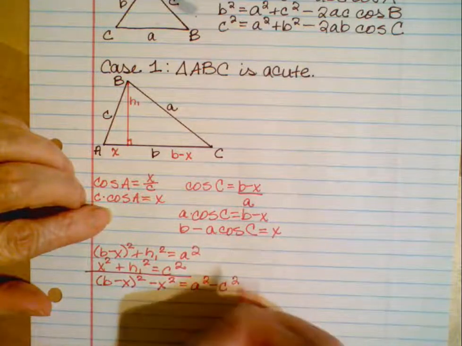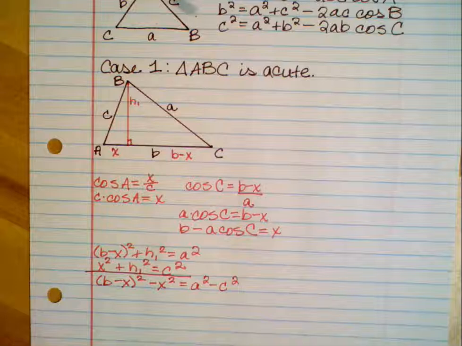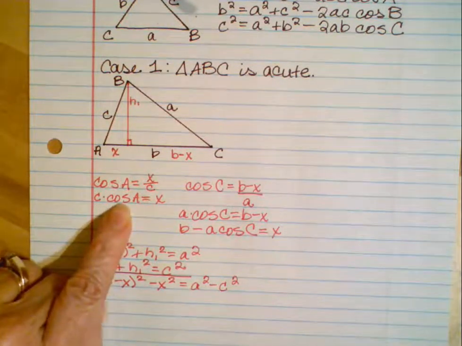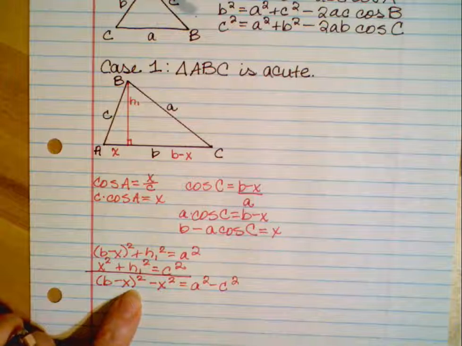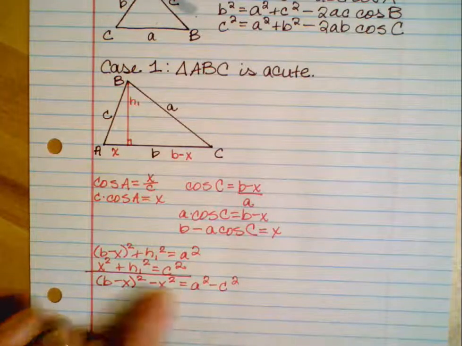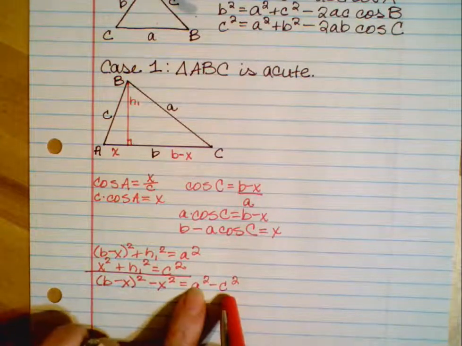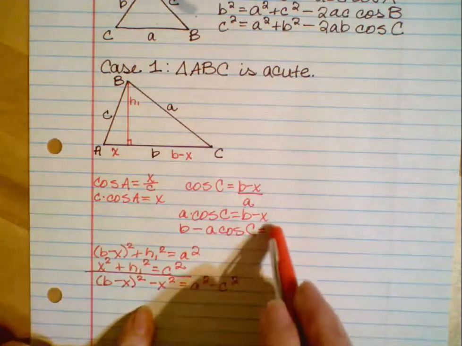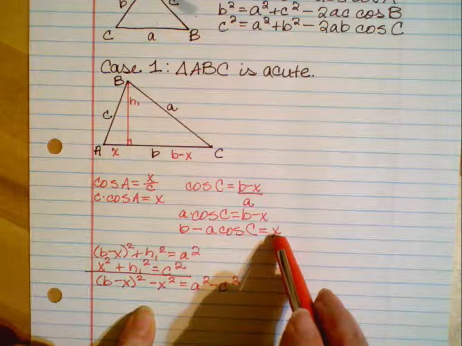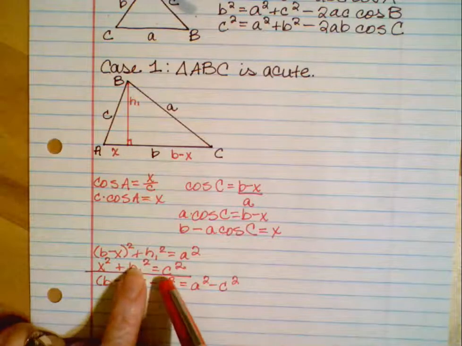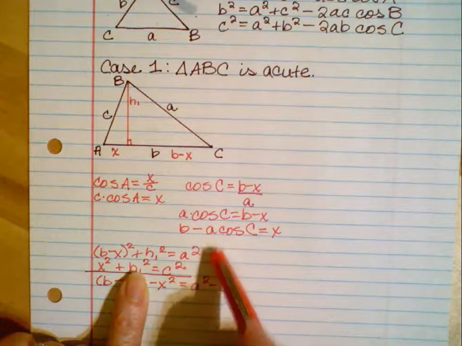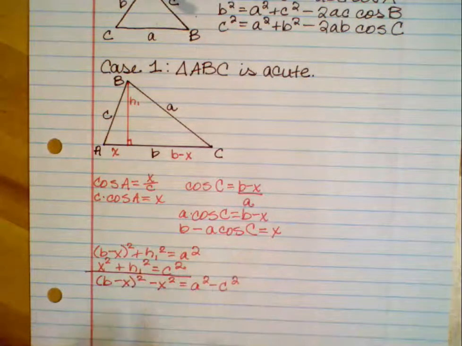Now we have two values of x that we could substitute into this equation. If we substitute in this value of x, c times the cosine of angle A, that's going to give us a different equation that will entirely involve b's, a's, and c's, as well as the cosine of angle A. Likewise, we could substitute the other value of x, in which case we would eliminate the x's again and be left with a quantity that involves b, a, c, and the cosine of angle C. That's where the algebraic part comes into play.